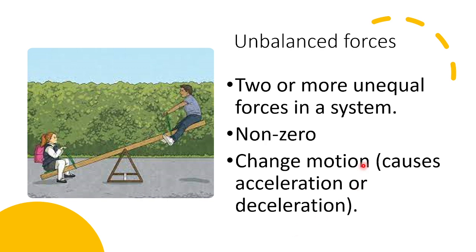Next, unbalanced forces. You can see in this picture the girl is down and the boy is up. It means right now the girl has more weight or more force than the boy. This is an example of unbalanced forces. When the forces are not equal, in this case, the boy and the girl's weight are not equal, or the force by the girl and the force by the boy is not equal.